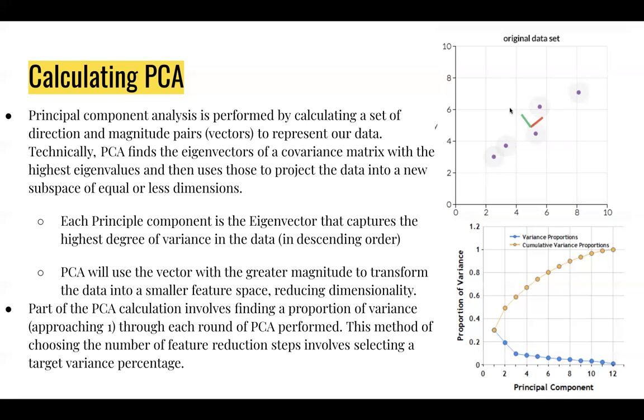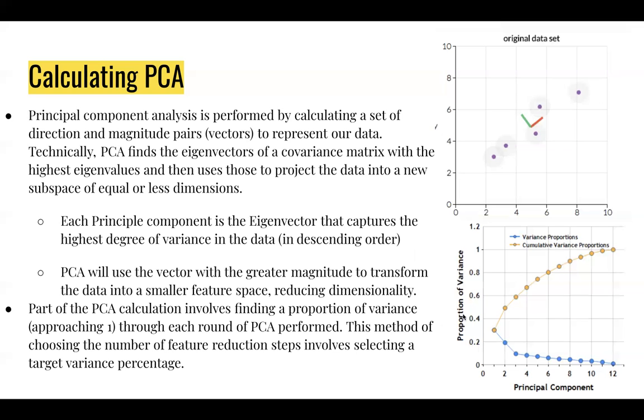This would be the first vector, this would be the second one, and it does this in a progressively diminishing fashion. The first principal component will have the greatest explainable detail, the second one the next most, and so on.